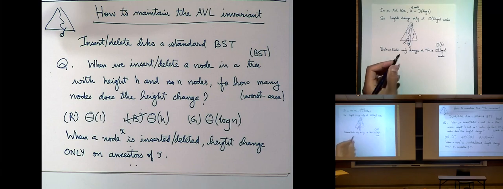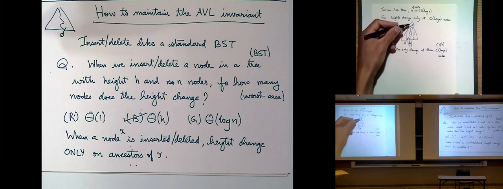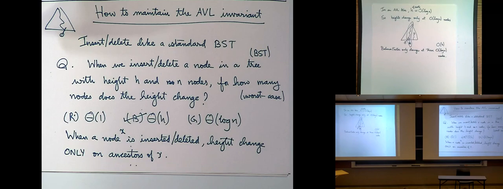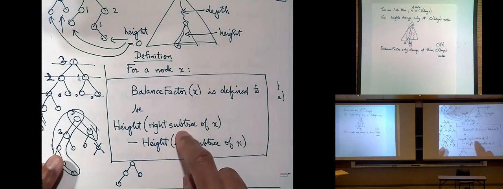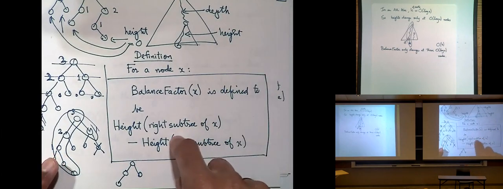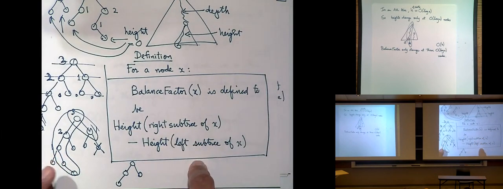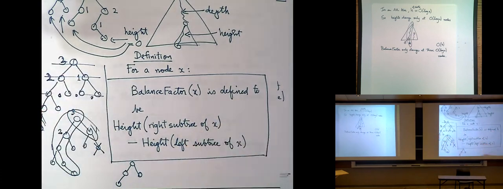Okay? So the balance factor is only going to change on these nodes, because that's the only place that the heights are changing. And remember, the balance factor was the difference between the height of the left subtree and the right subtree. And the balance factor only changes if the height of the left or the right changes, right? So it's all about looking at the ancestors of the inserted or deleted node.